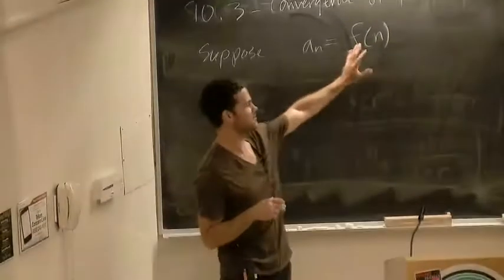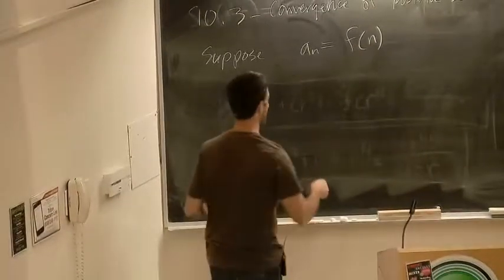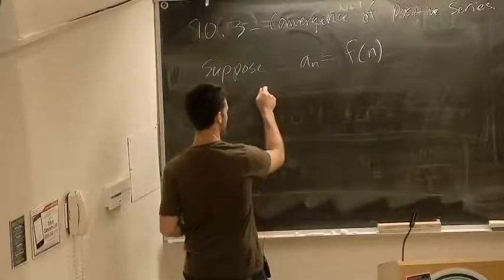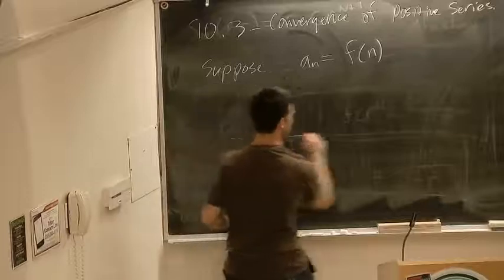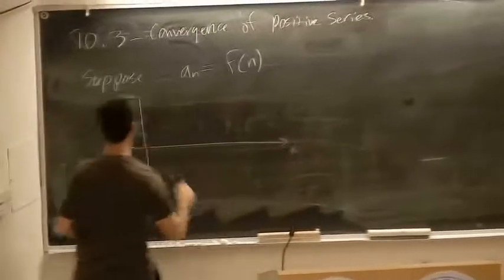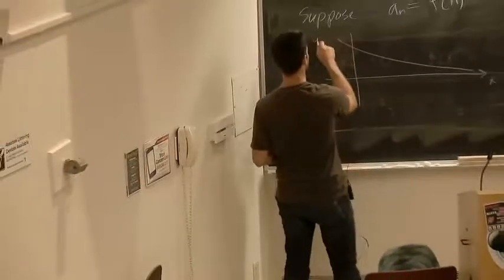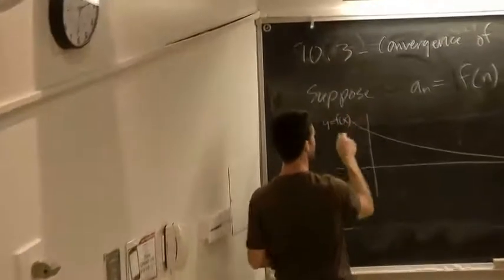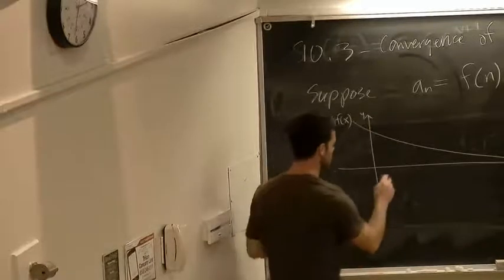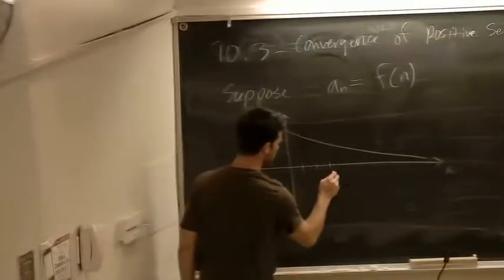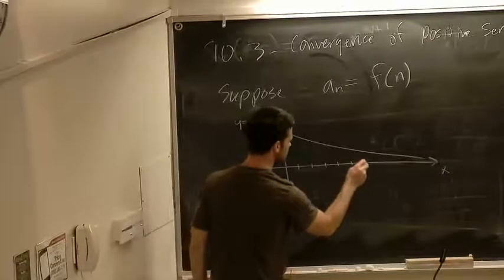Now, I want you to suppose that we have a series that you can write as some function. We already talked about this situation before. So there's some function, say the graph of y equals f of x, where the values at the integers agree with the sequence.